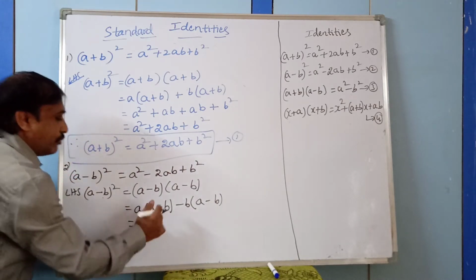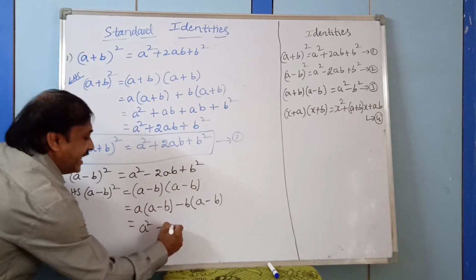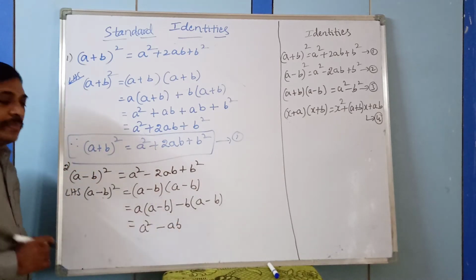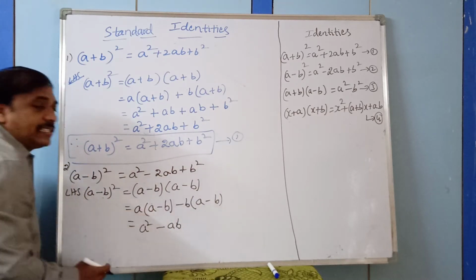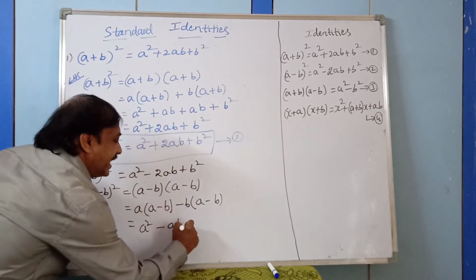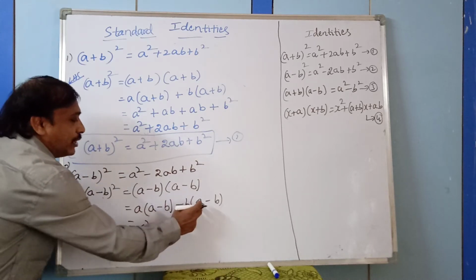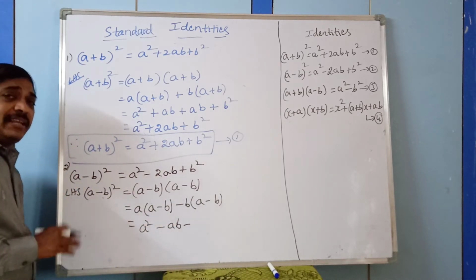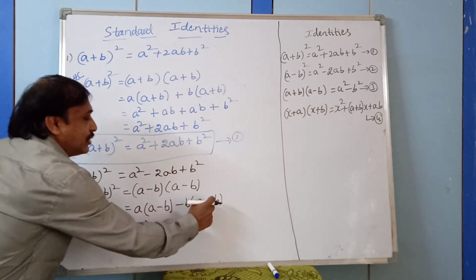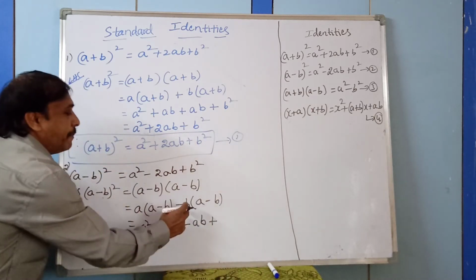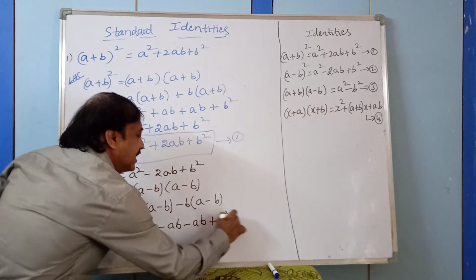Next, plus into minus, minus a into b, ab. Next, minus b into plus a, minus into plus is minus, a into b. B into a is ba, that can be written as ab. Minus into minus is plus, b into b, b square.